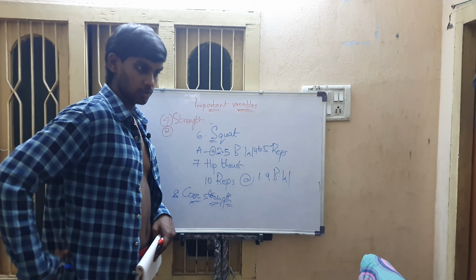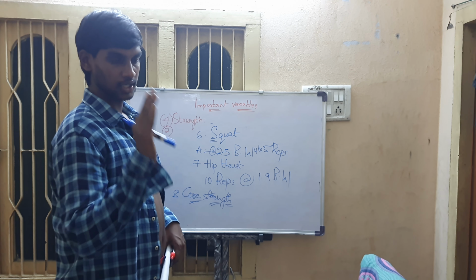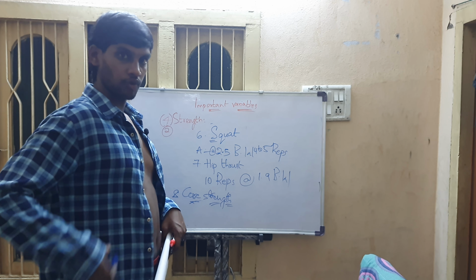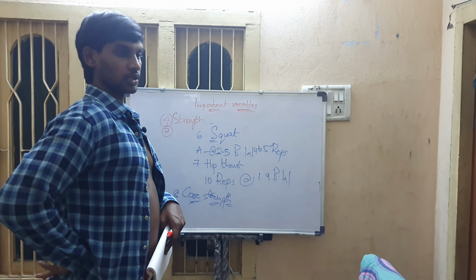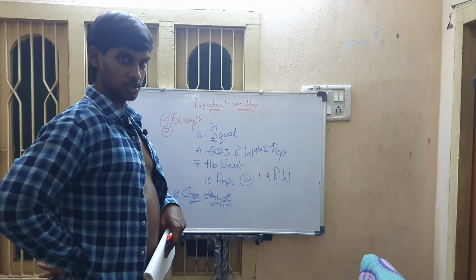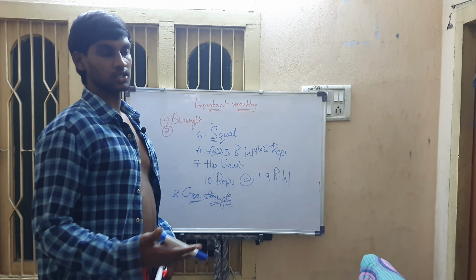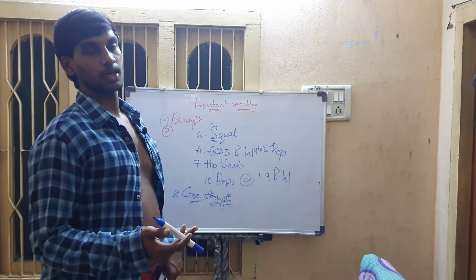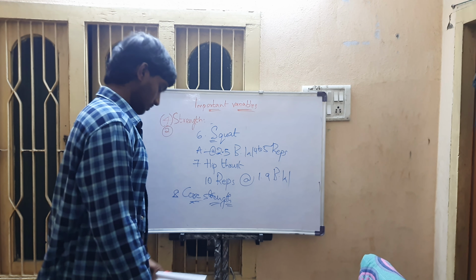To balance that, your trunk has to stay straight and you have to straighten the spine back to its original position. So I used to finish the ab circuit with 3 sets of 10 reps of hyperextension. That's how you have to train.